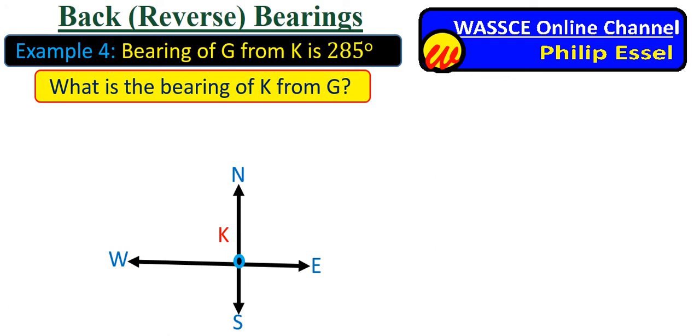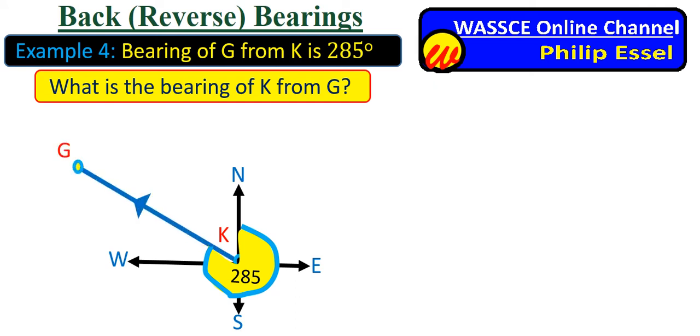So let's quickly do that. We will now have to draw our arrow diagram, moving from the origin, which is K, to the destination, which is the point G. At this point, we have been able to draw the bearing of G from K, which is 285 degrees.